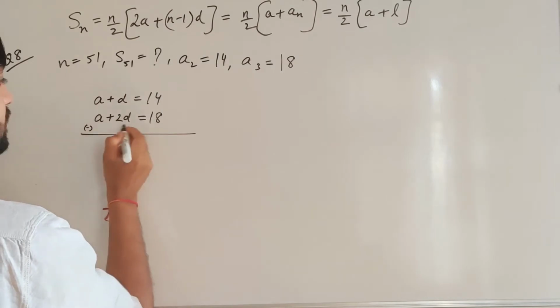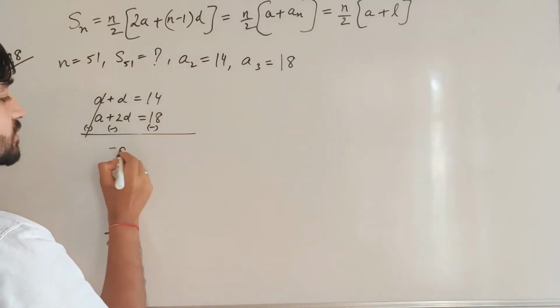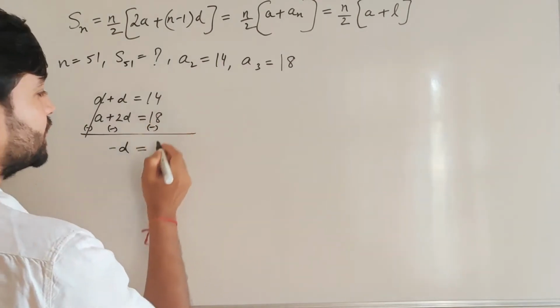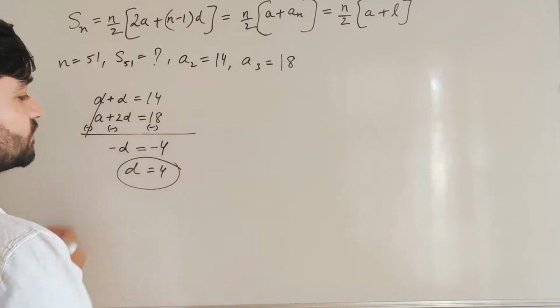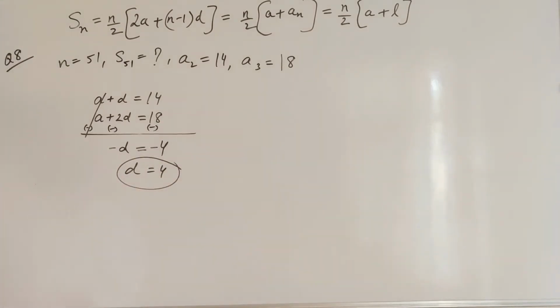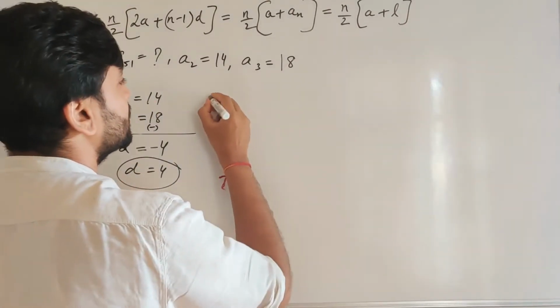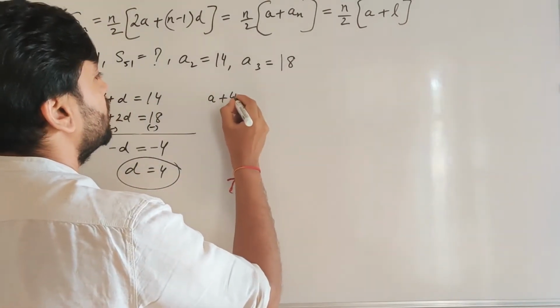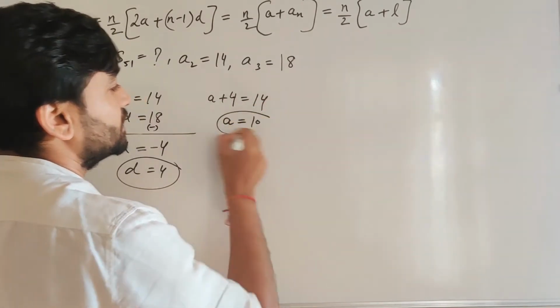We change the sign here. So this cancels. Plus d minus 2d becomes minus d is equal to 14 minus 18, which is minus 4. So d value becomes plus 4 after simplification. Okay, this d value we substitute in the first equation. a plus d, which is 4, is equal to 14. So that gives us a value as 10.